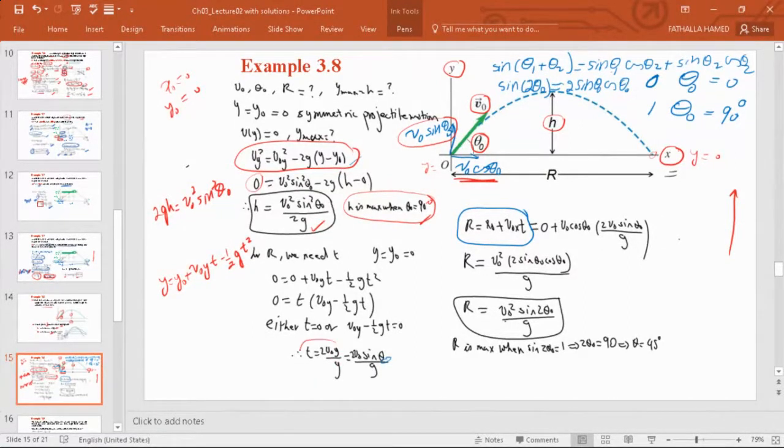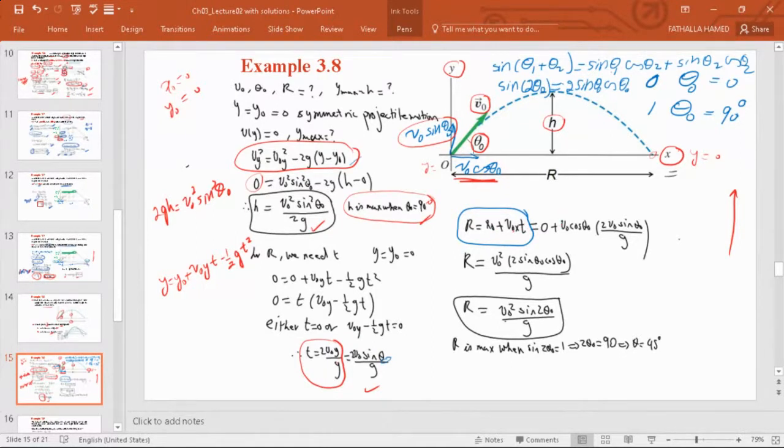And we already did that. So it will equal 2 v0 sine theta 0 over g. And that's the time to reach this point here, which is the range. Now you know that your range is equal to x0 plus v0x t.